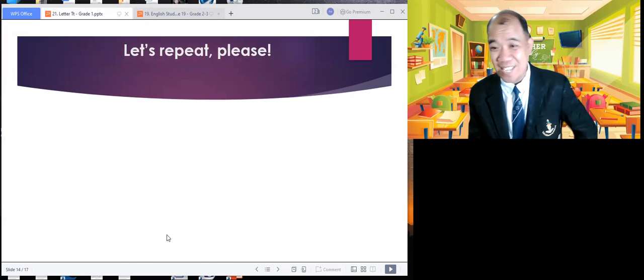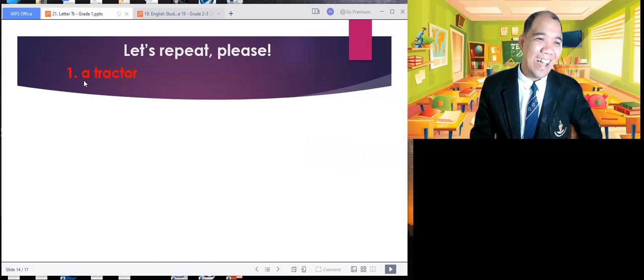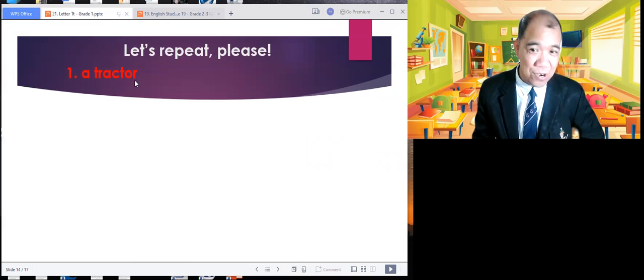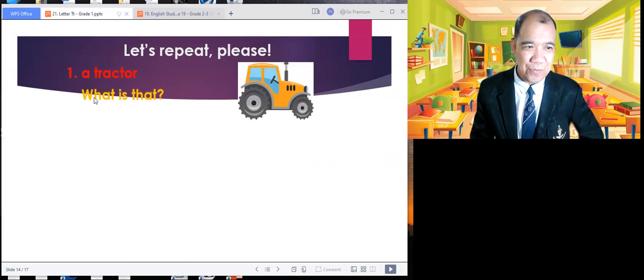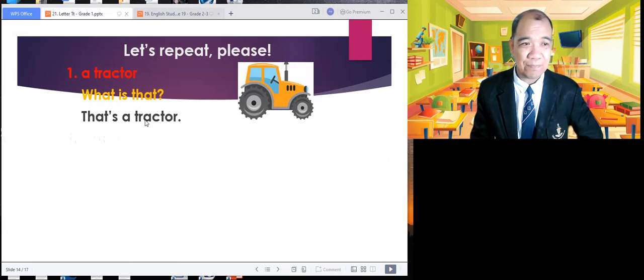Okay, let's repeat, please. A tractor. What is that? That's a tractor. A tree.